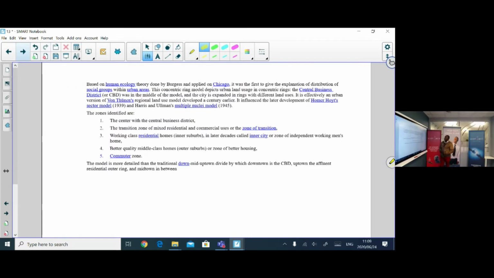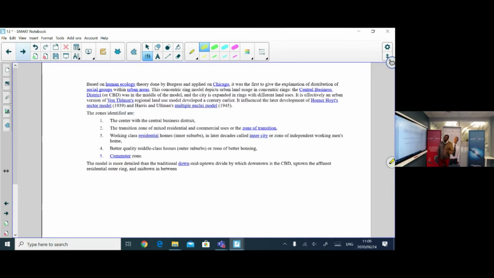Right, based on human ecology, the theory that was done by Burgess and applied on Chicago. So this theory that we're looking at now was actually done by Burgess, as we mentioned earlier on, and it was also applied on Chicago, just like the one we're doing. It was the first to give the explanation of distribution of social groups within urban areas.